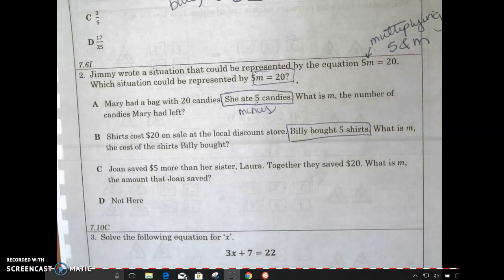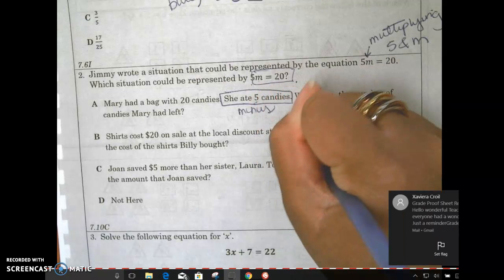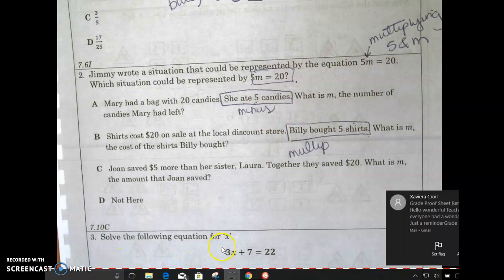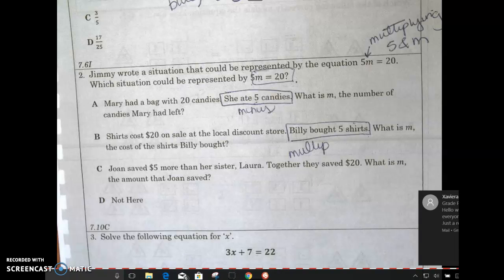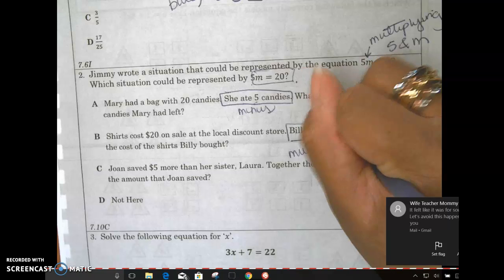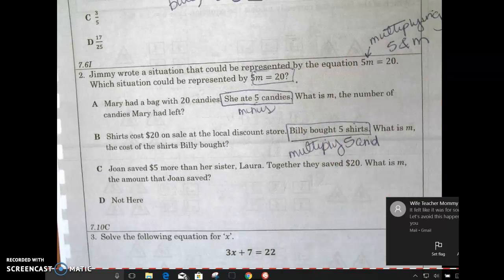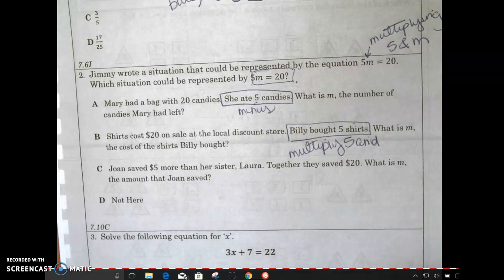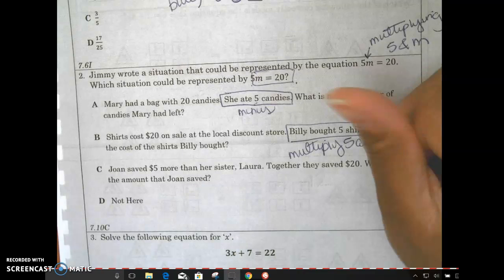What does this mean? Billy bought 5 shirts. M would have to be what? You're multiplying what? 5 and what? 5 and 20.